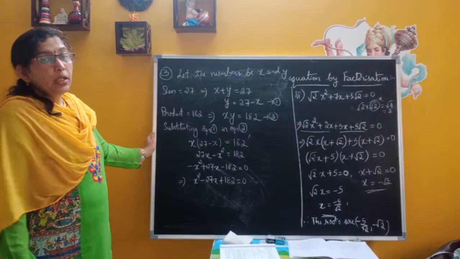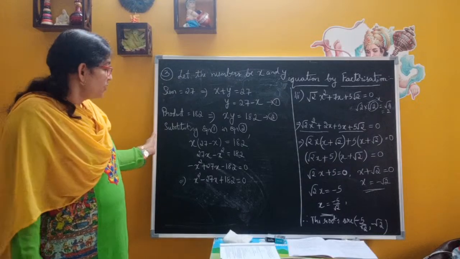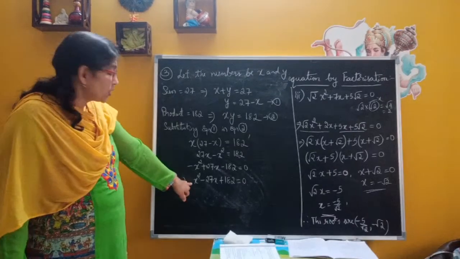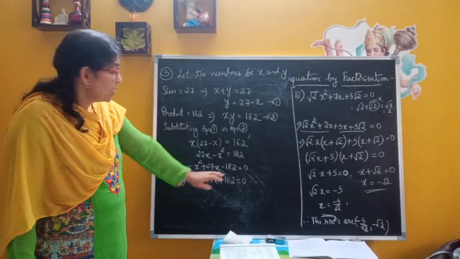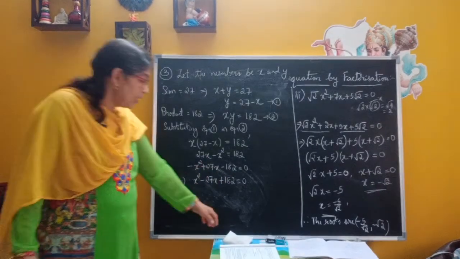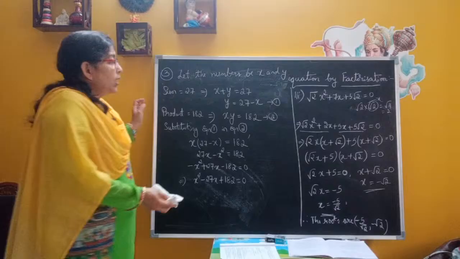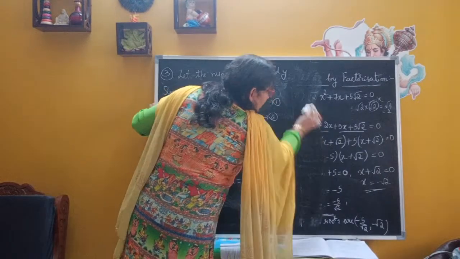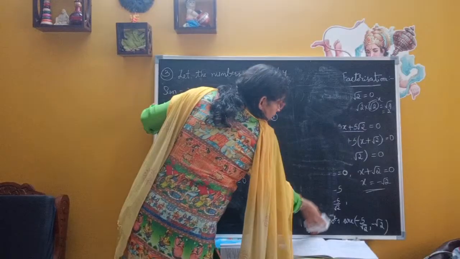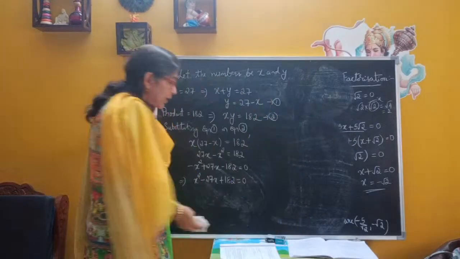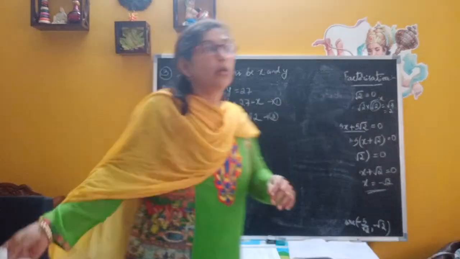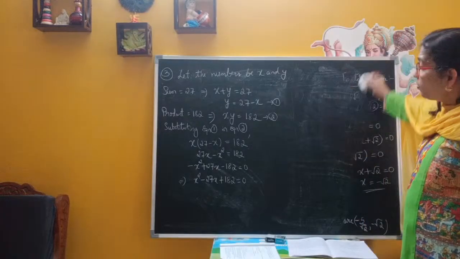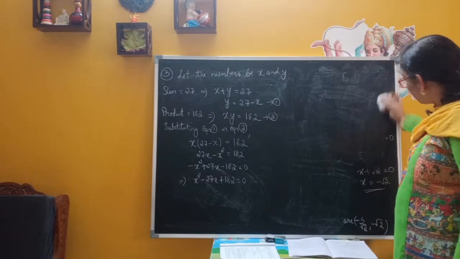How to use the splitting the middle term method now? Which is the constant? 182. Do we have any coefficient for x square? No. So it means 1. So 182 ones are 182. Now when you multiply two numbers, we must get the product 182, and when you add, we must get minus 27.